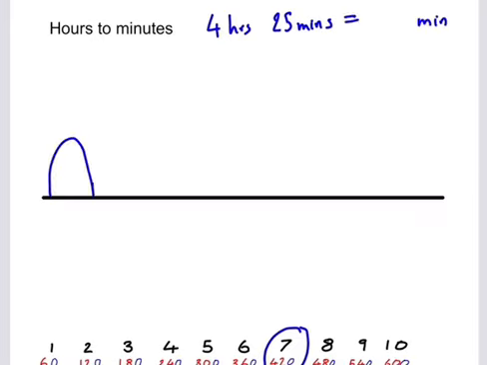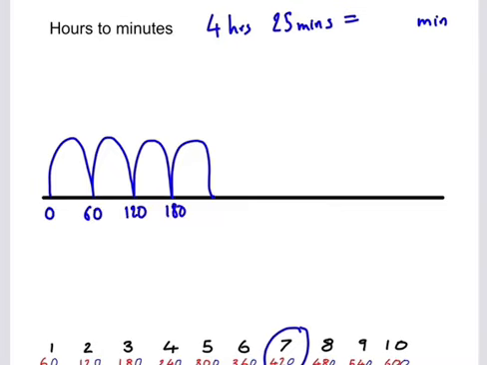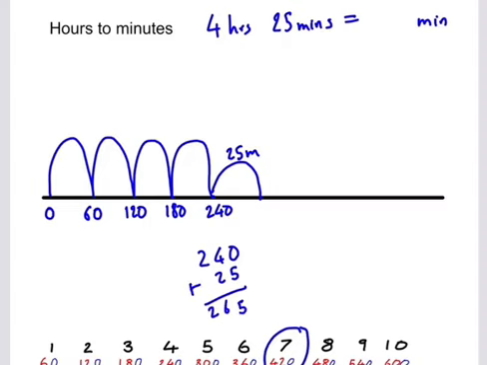Well, 1, 2, 3, 4 hours will be 0, 60, 120, 180, 240, but then we've got another 25 minutes to jump onto that. 240, add 25 is 265. 265 minutes.